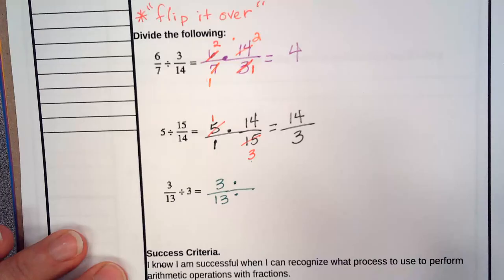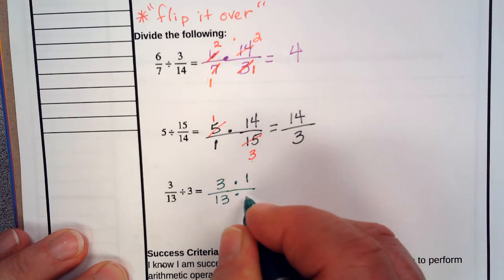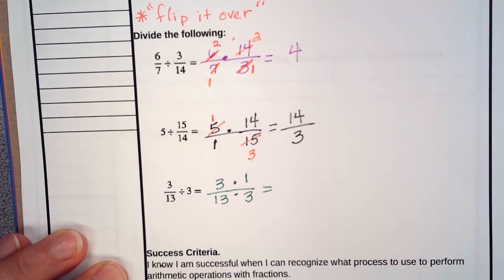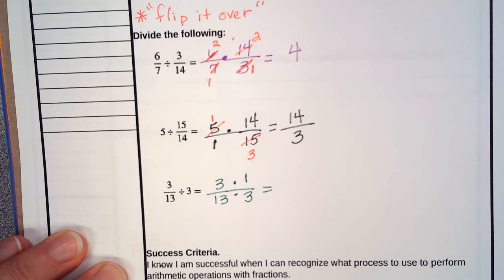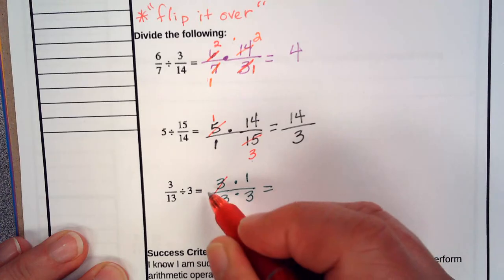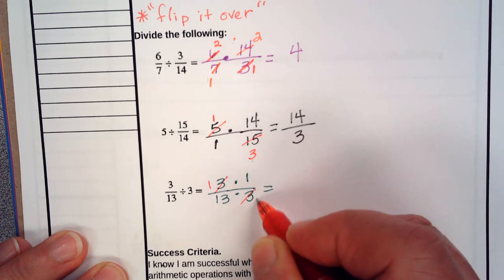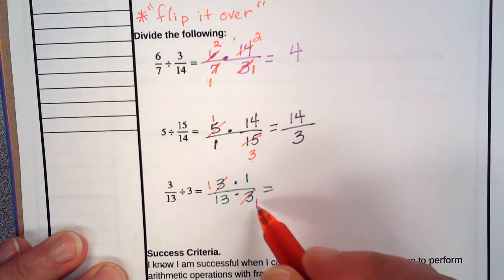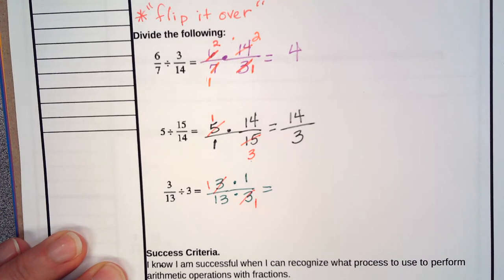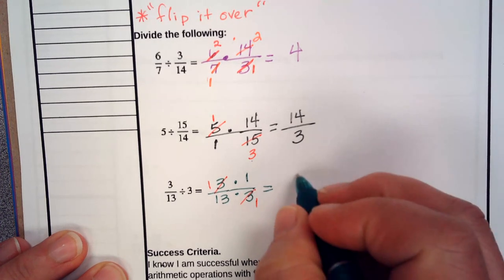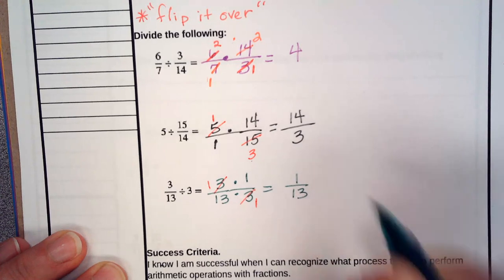Flip the 3 over 1 upside down, it becomes 1 over 3. Analyze. Are there common factors? Yes. I've got a 3 on top. I've got a 3 on the bottom. 3 divided by 3 is 1. And I am left with 1 over 13.